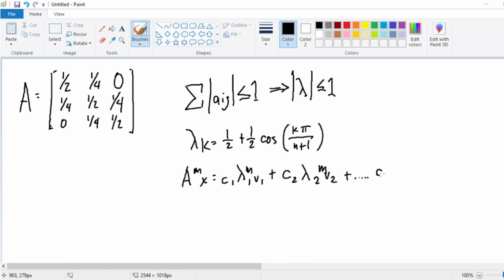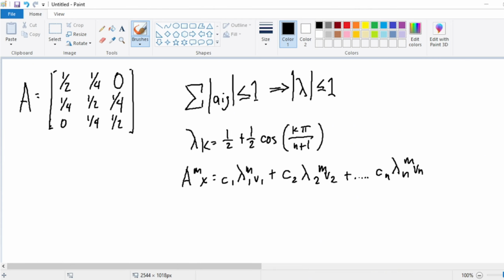A to the m times x equals the sum of constants C sub k times lambda sub k to the power of m times the eigenvectors v sub k.